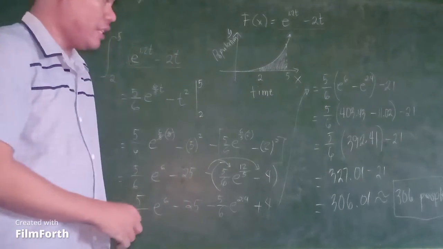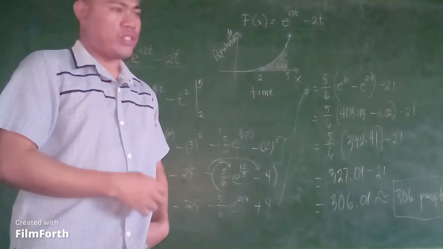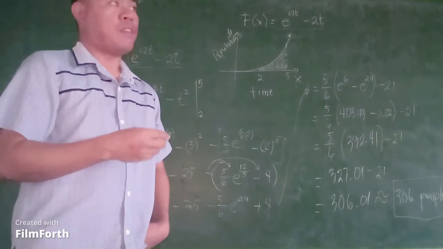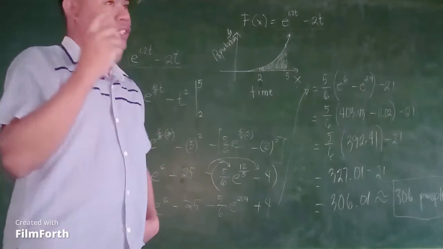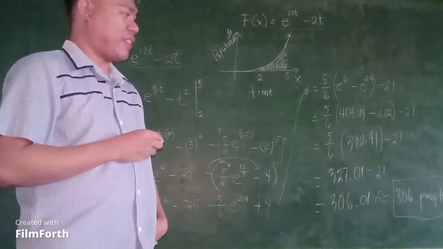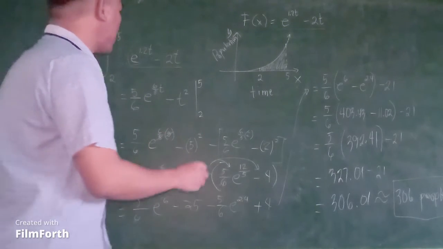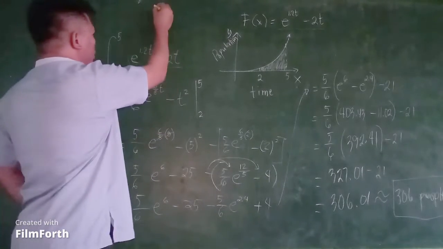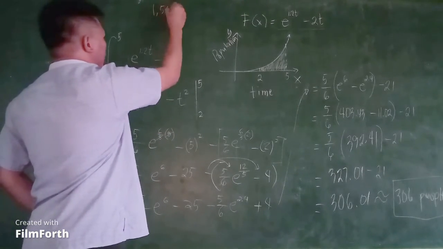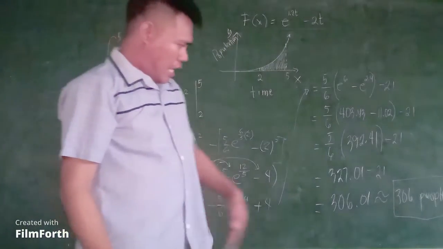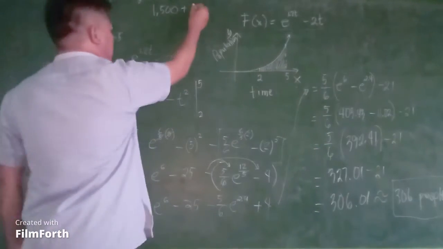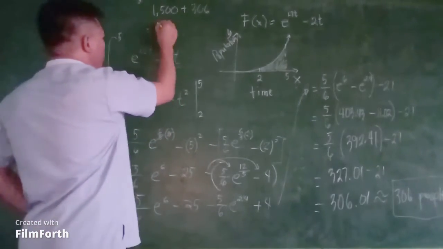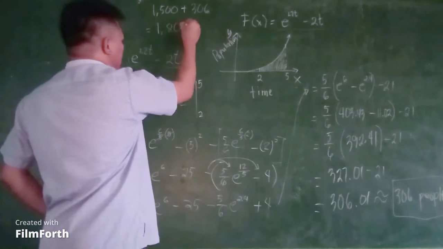And for the second question, as I mentioned earlier, we're just going to add the answer of the first question to the initial population, which is 1,500. So our initial population is 1,500, plus 306 is 1,806.